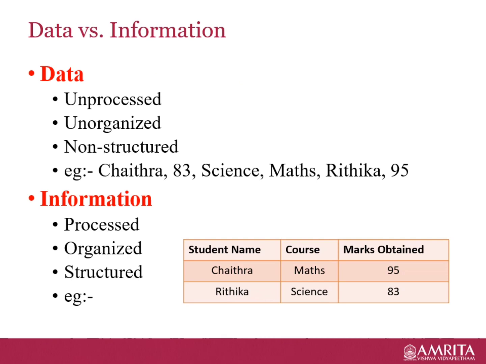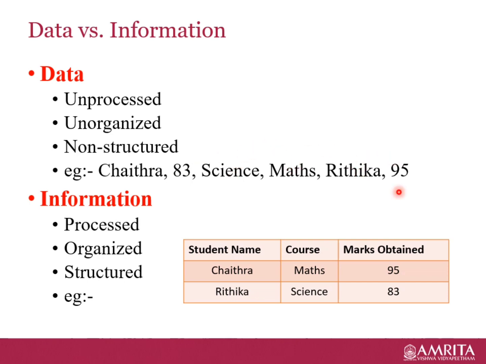Now we can check the relationship between data and information. I already mentioned that data is unprocessed raw facts, isn't it? But if you organize it or process it or structure it, then it becomes information. Just look at this example, Chaitra 83, Science, Maths, Ritika 95.